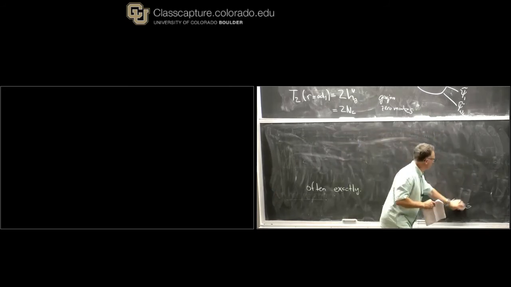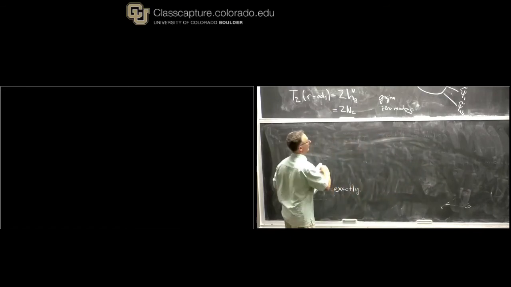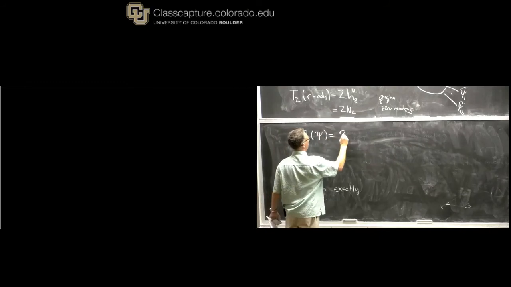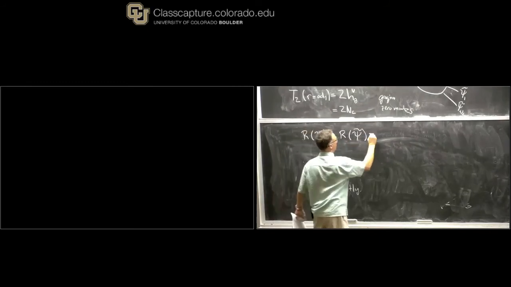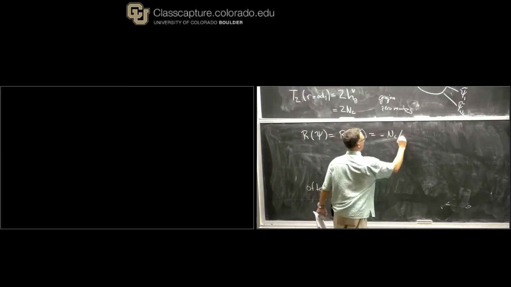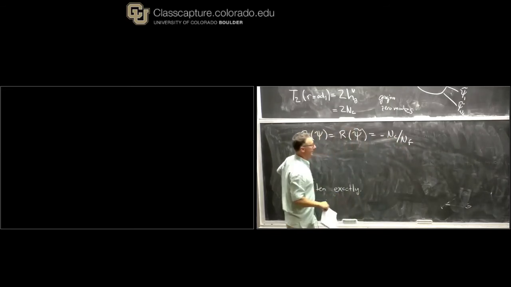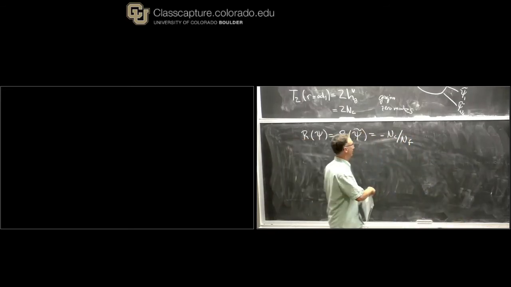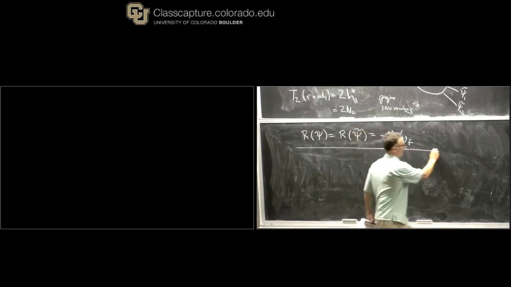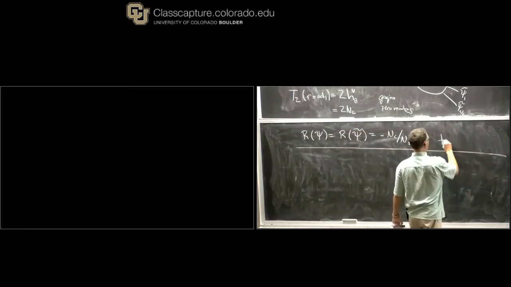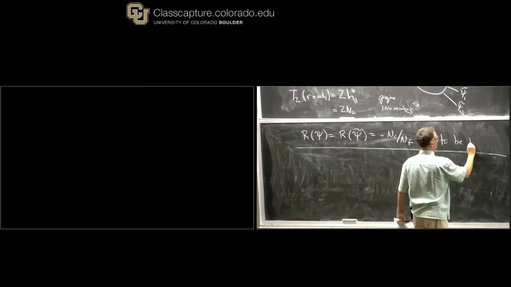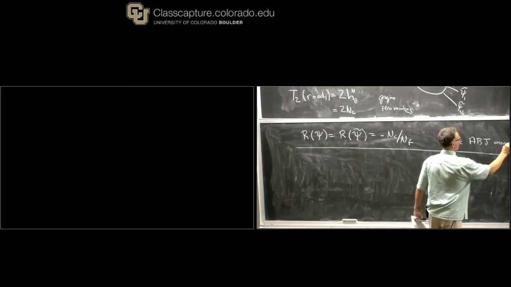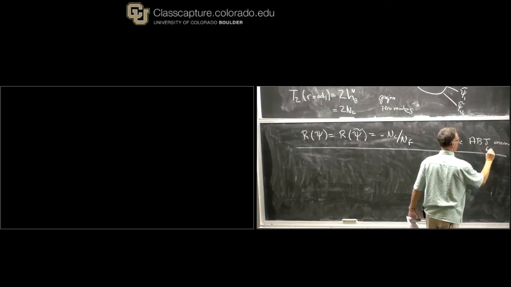Okay, so the R charge of psi, and then that will cancel to be ABJ anomaly free.